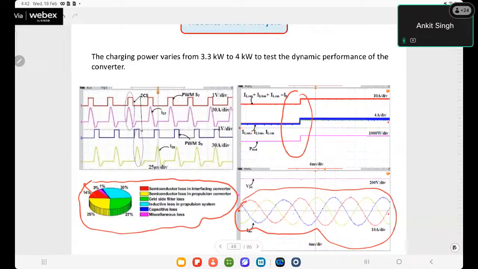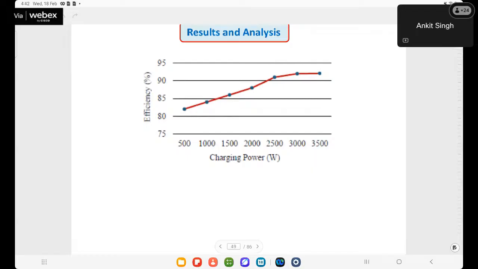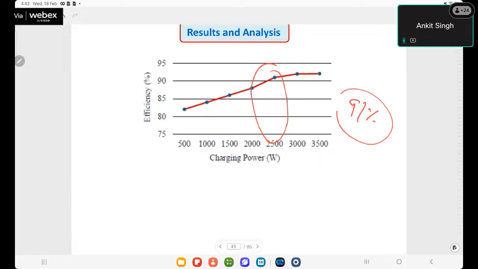The grid currents are again sinusoidal, and with the variation in the load power, the grid power changes accordingly. The efficiency reaches a maximum of around 91%, because this is an analytical calculation. In a more practical setting, it may reduce to 88 or 89%. It is completely analytical.